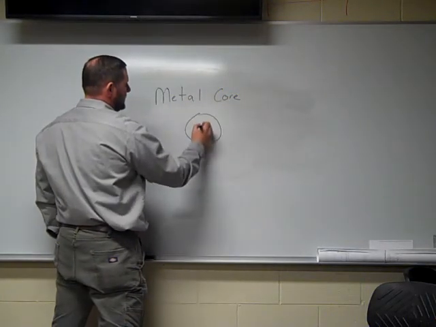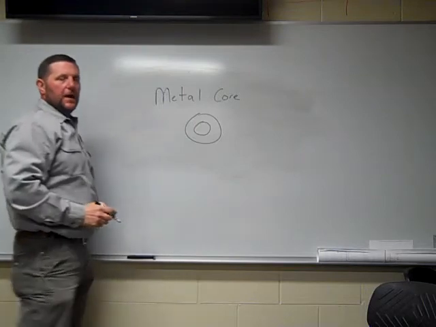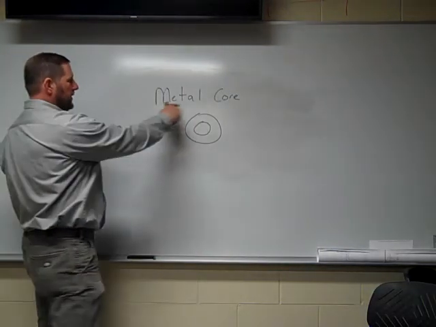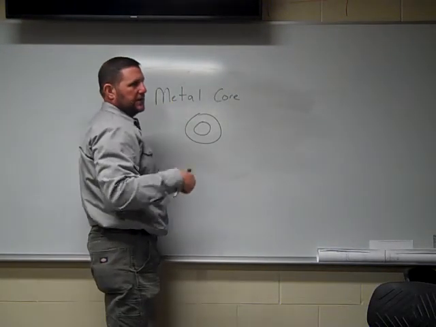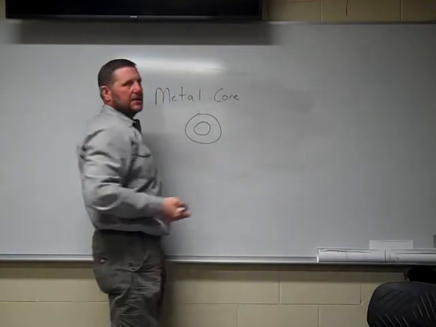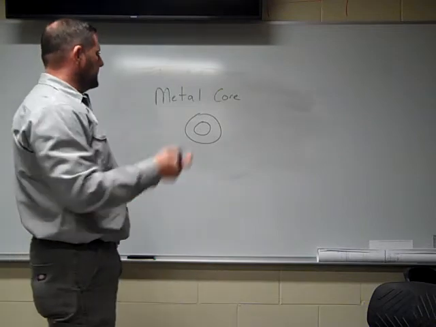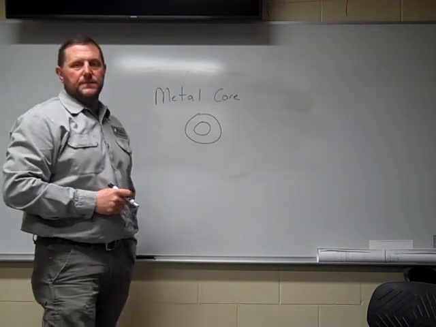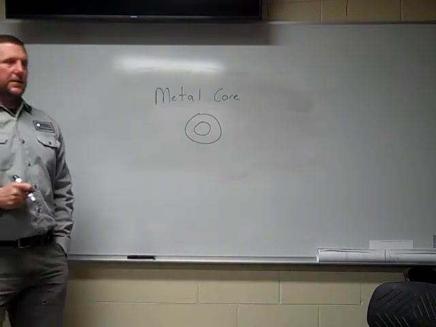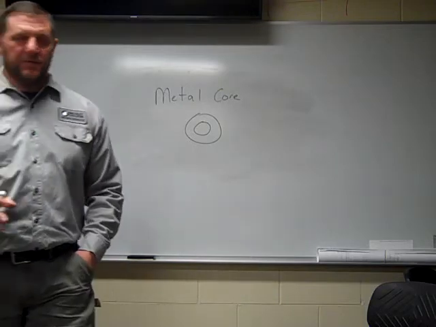So here's my wire. Now at the center, the core of that is metal, kind of like your solid metal, but then they also put oxidizers and arc stabilizers into the actual metal too.